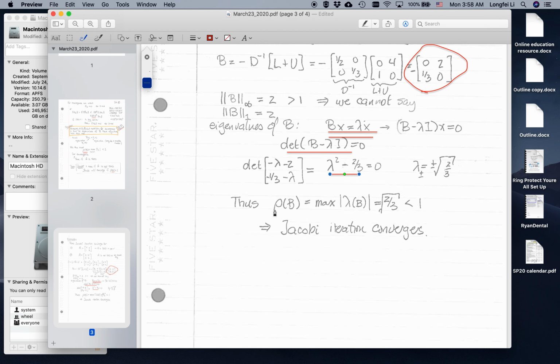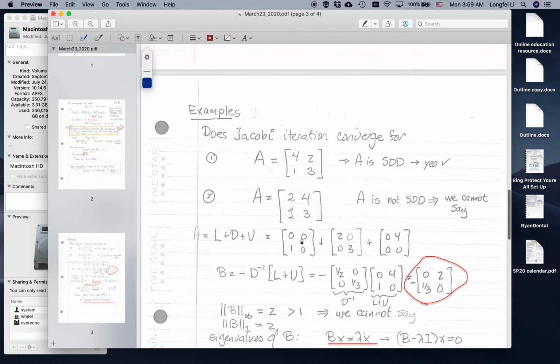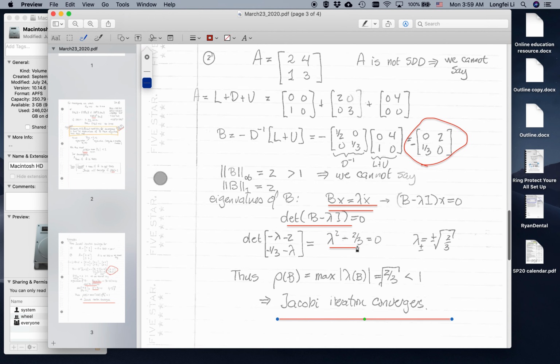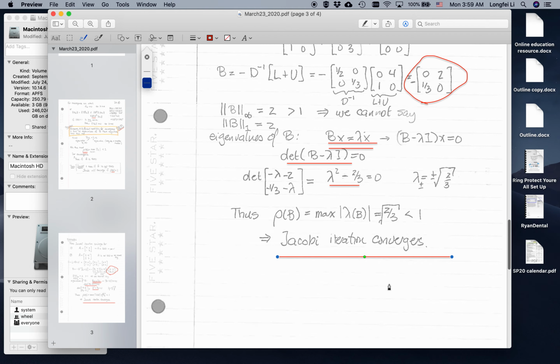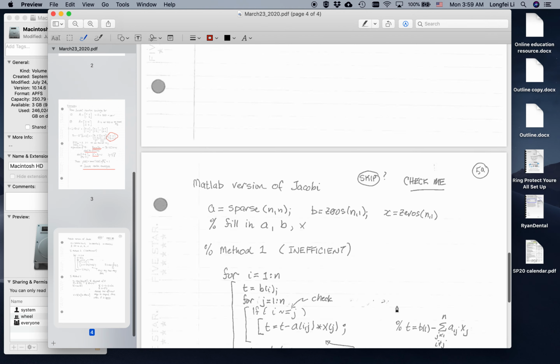If we check the maximum of those two eigenvalues, they are less than 1, and we can say that the Jacobi iteration is indeed convergent. This example is not very obvious because it's not SDD, and we have to be very careful to find all the eigenvalues and check whether the largest eigenvalue is less than 1.